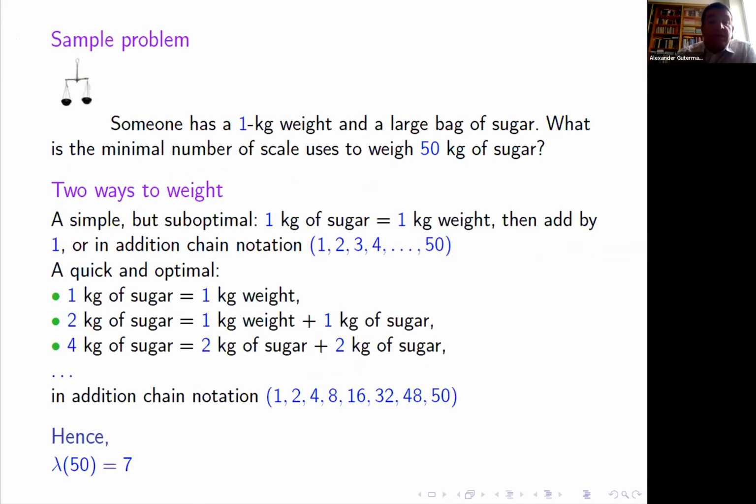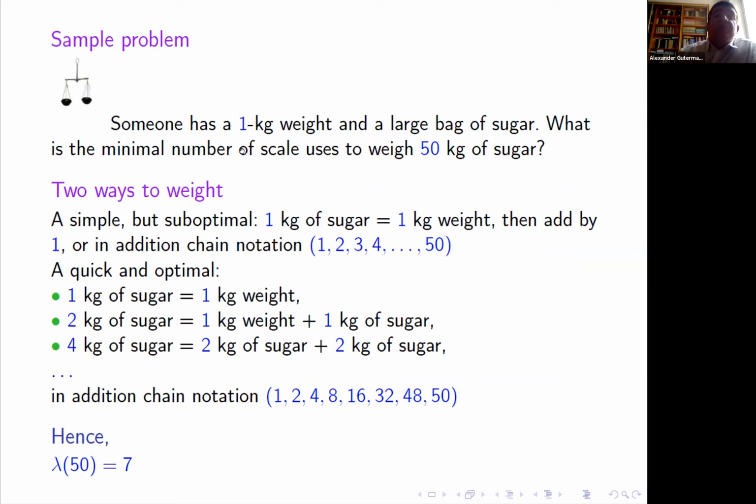Well, this is a classical combinatorial notion, the addition chain, and you could find it in many well-known problems. For example, when you would like to weigh a large amount of some goods, and you have a scale and a weight of 1 kilogram.